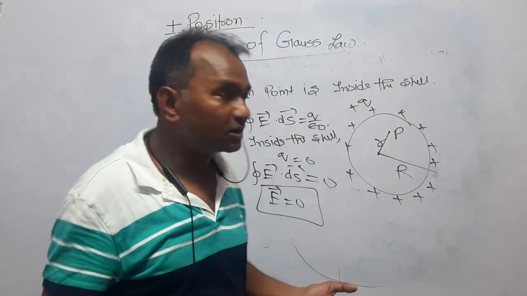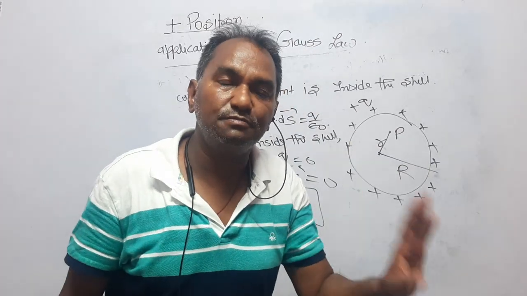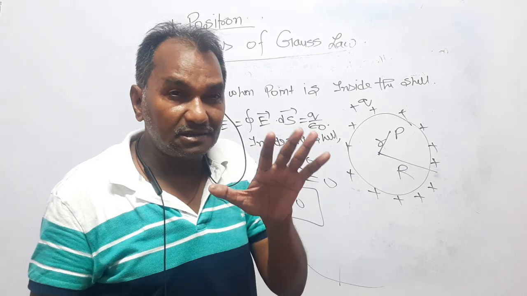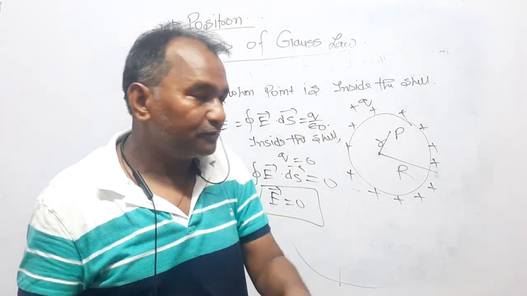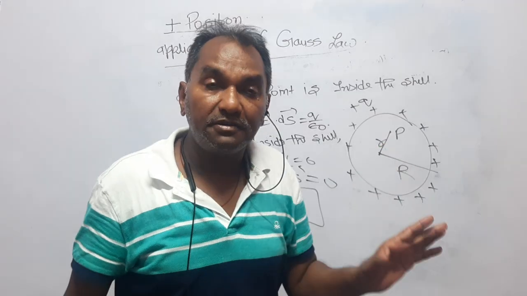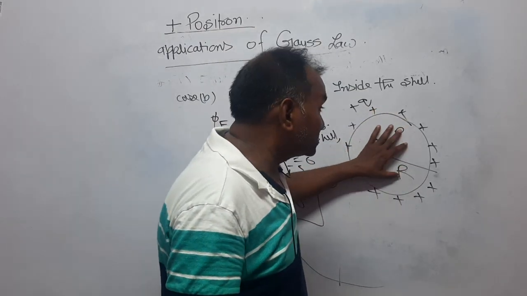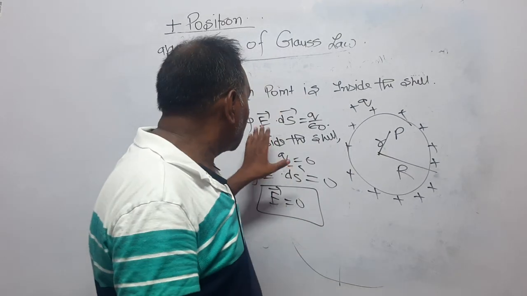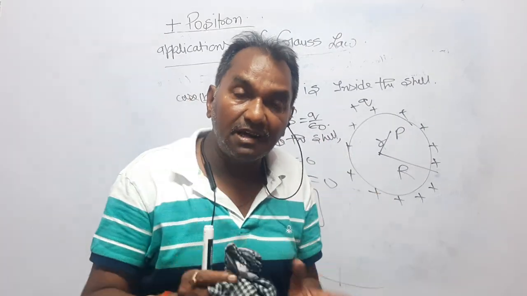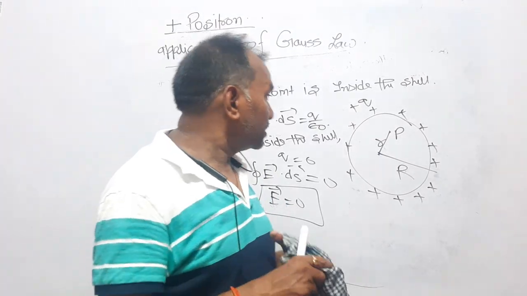Electrostatic shielding is what? You are sitting inside the car, which means you are sitting inside the spherical shell. When the lightning falls on the roof of your car, charge will be distributed on the surface of the car, but the windows are closed, and inside there is no charge, so according to Gauss law the field inside the shell will be 0.